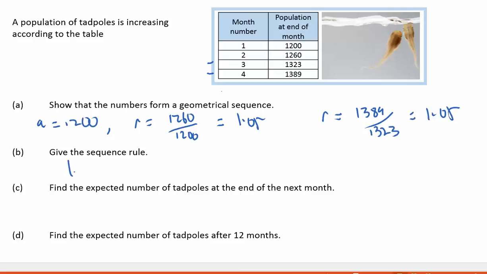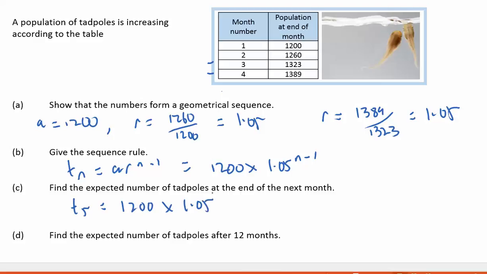The sequence rule then, to find the expected number of tadpoles at the end of the next month, well that's T5. And that's to the power of 4.